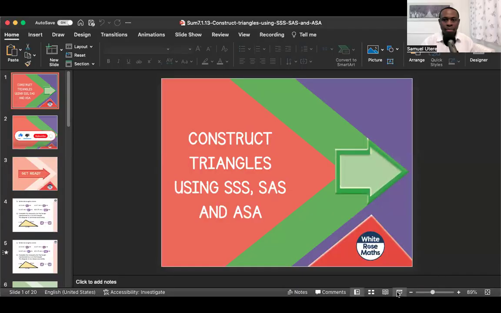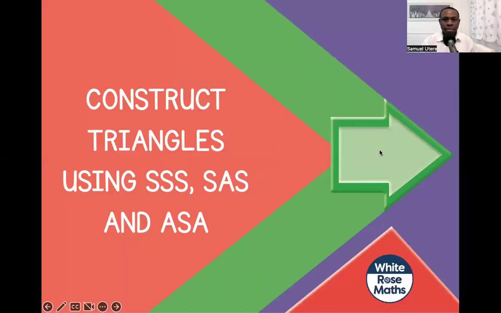Welcome to Block 1, Constructing, Measuring, and Using Geometric Notation, Lesson 13. I'll share my screen. In your previous lesson, you learned how to construct triangles using side, side, side, so SSS.